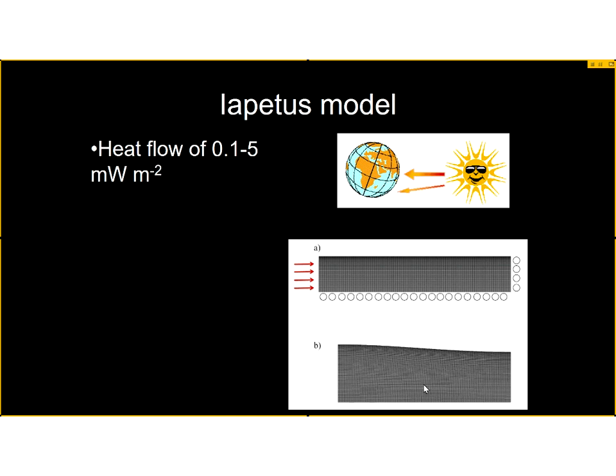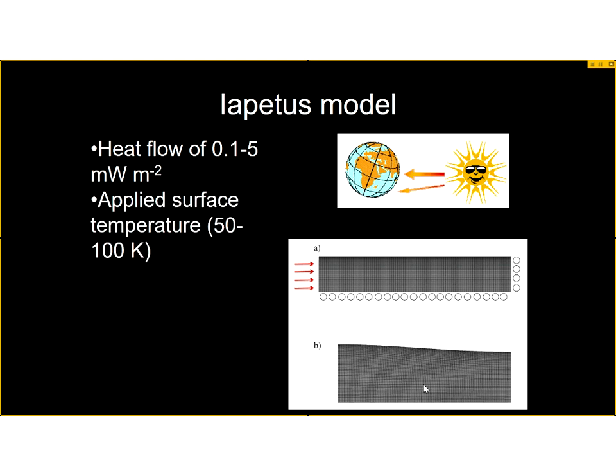This picture is to remind myself to tell you that it was important to not assume that the equator of Iapetus gets the same amount of sunlight as the pole, which means that the equator is going to be much warmer. That's a crucial detail for this model.